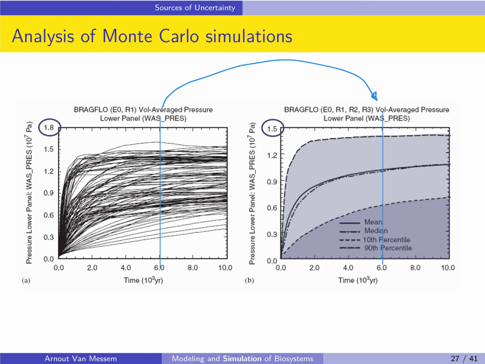At the time t equal to 6 you look at all the different outcomes, and with these outcomes you can calculate the mean, you can calculate the median, the 10th percentile and the 90th percentile, and this will give us then the plot on the right, where you have the mean in the middle, the full line for the mean, and then a line for the 10th percentile, a line for the 90th percentile, and thus an 80% confidence band.